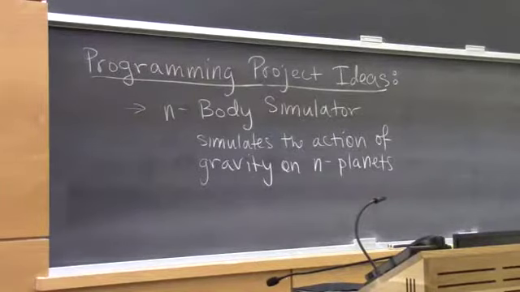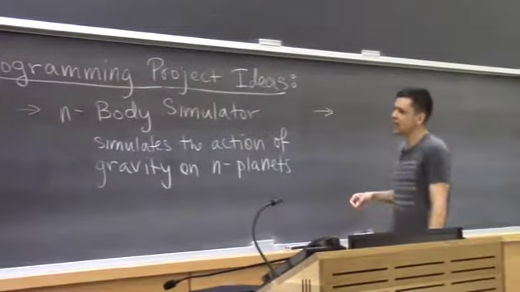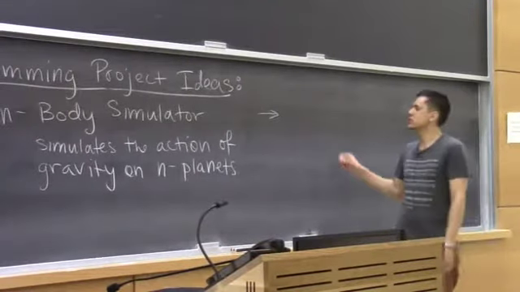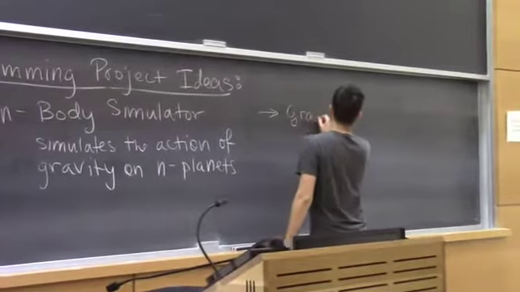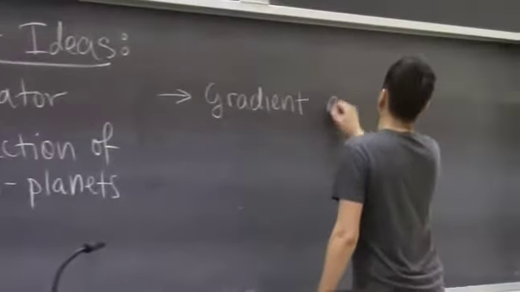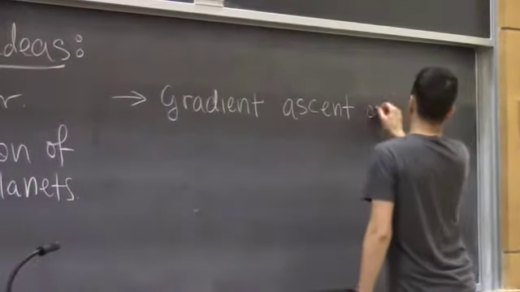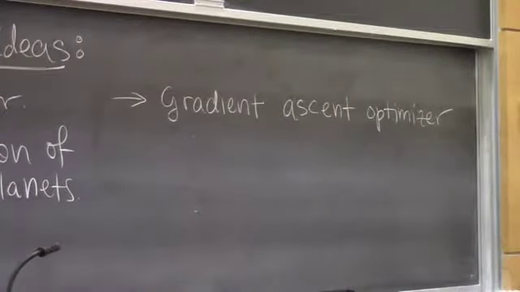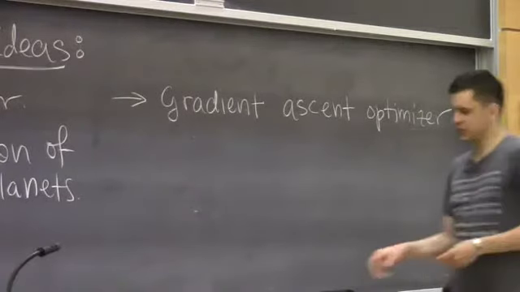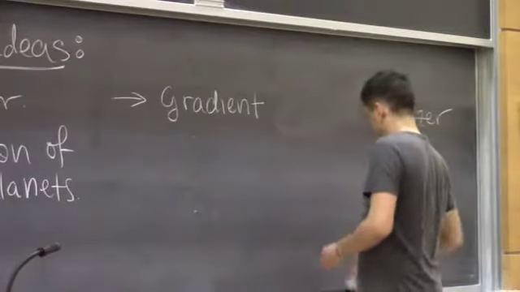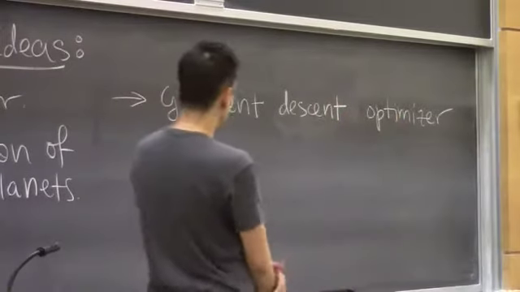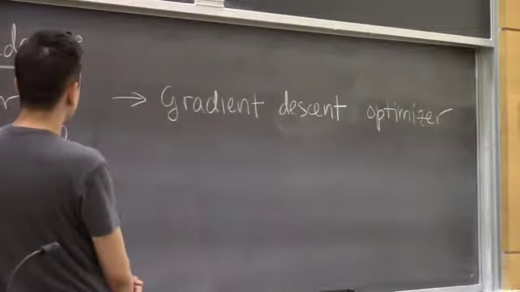The other thing that came to mind as something that would be very relevant to the course and would get you using the tools from this course is what's called a gradient descent optimizer. So if you guys have done any data science, you might have heard of a gradient descent optimizer. So how do these things work?